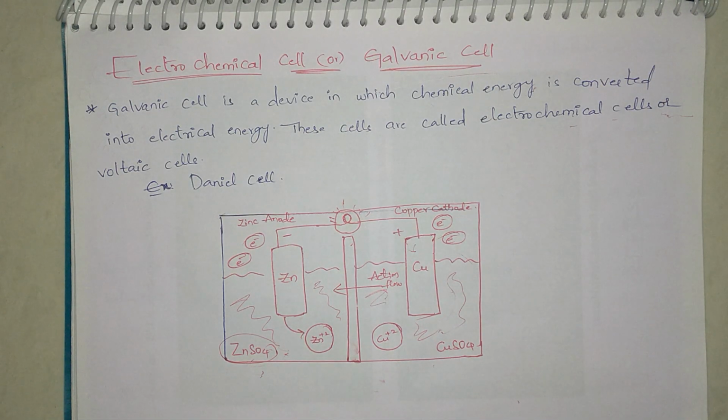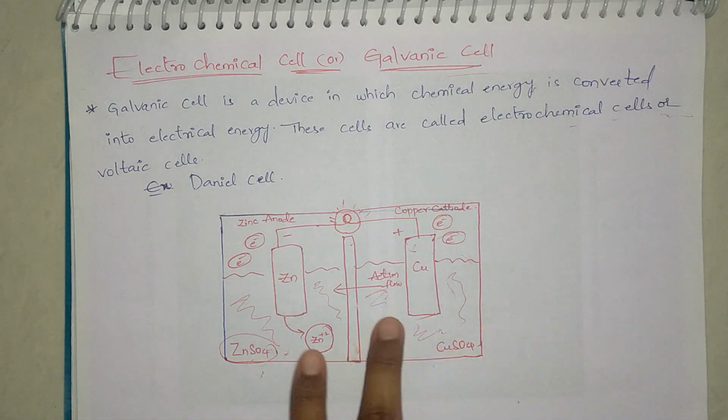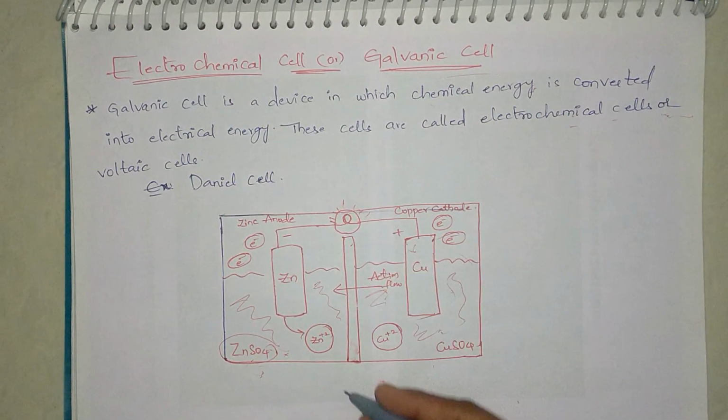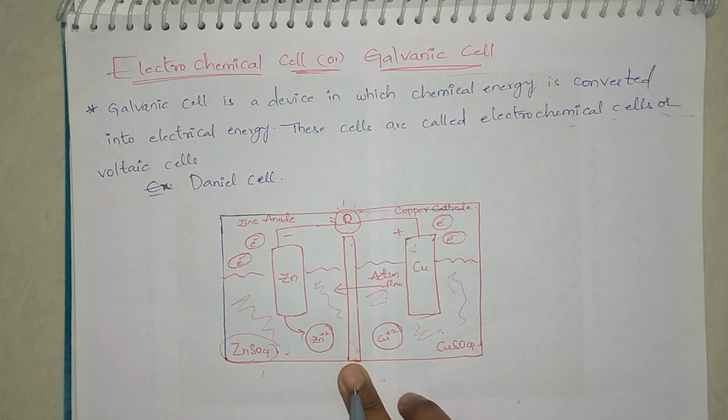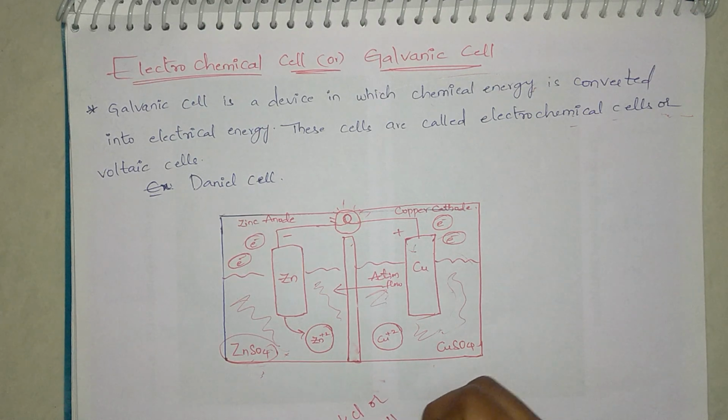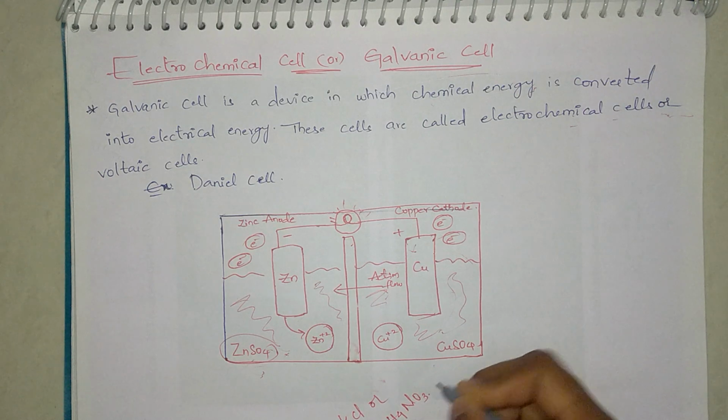Now how does this happen? To separate these two solutions we have one salt bridge. This acts as a membrane. This membrane, or you can say salt bridge, contains KCl or NH4NO3.